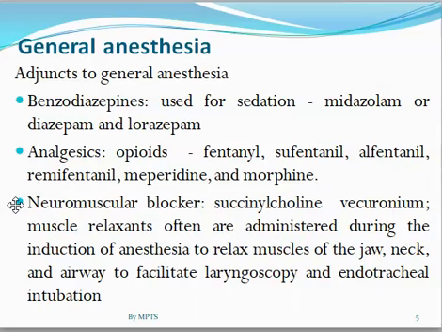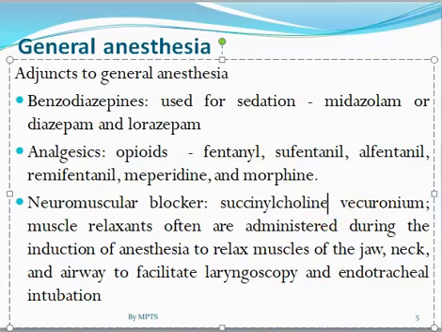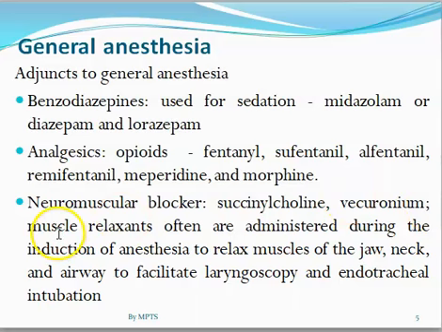Of course, you can also have the neuromuscular blockers, succinylcholine or vecuronium, because they are used to relax. These are muscle relaxants often administered during induction of anesthesia to relax muscles of the jaw and the neck and the airway to facilitate laryngoscopy or endotracheal intubation.